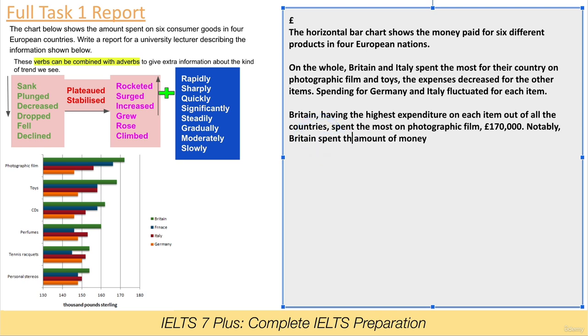Britain spent the same amount of money on both tennis rackets and personal stereos.